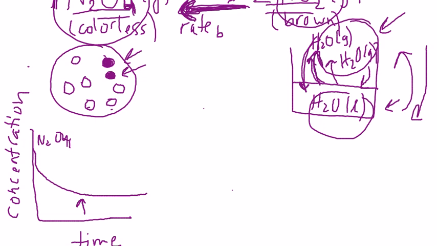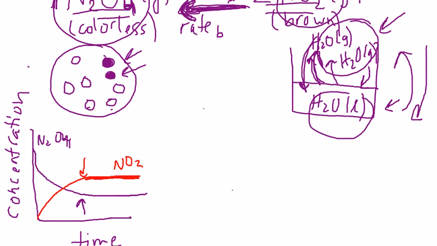At the same time, if there were no NO2 molecules to start, its concentration would increase over time. Notice that they start to level off at the same place. When they level off, we have reached a point of equilibrium.